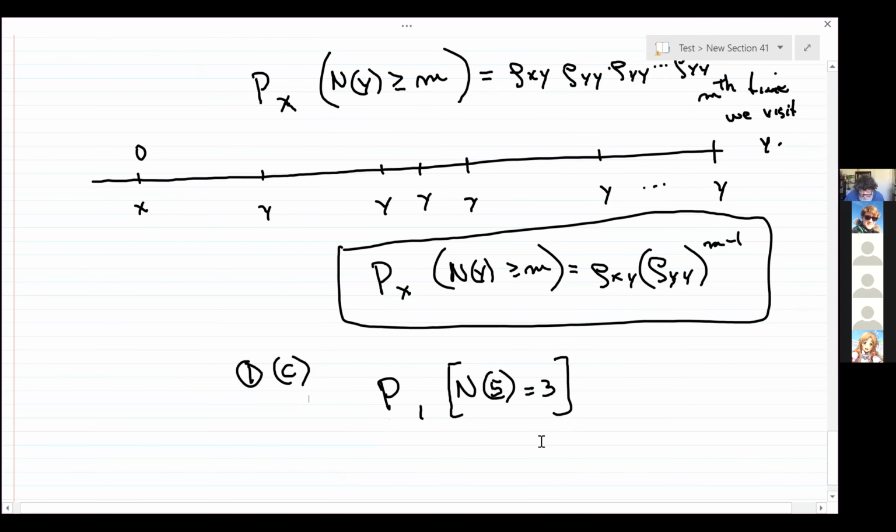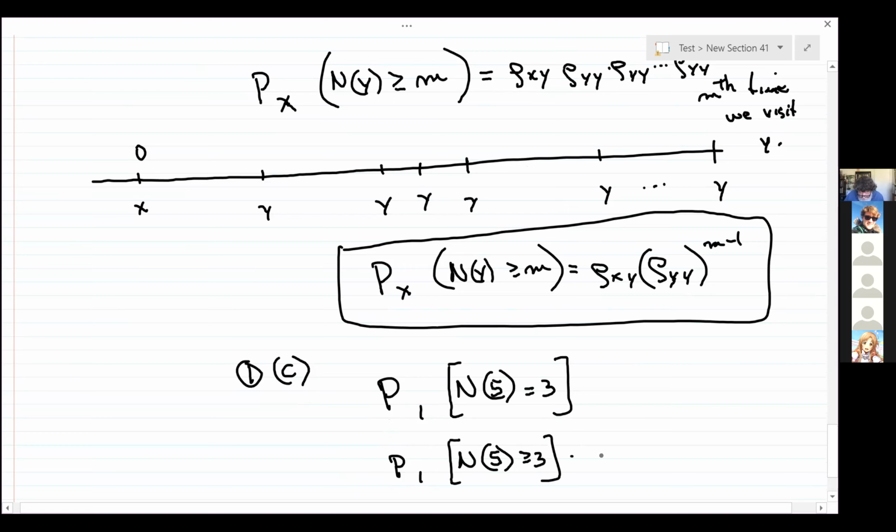So what we could do is this, and what we've done just now in class, the chance, if you start at 1, that the number of times you visit 5 is greater than or equal to 3. That would be this.